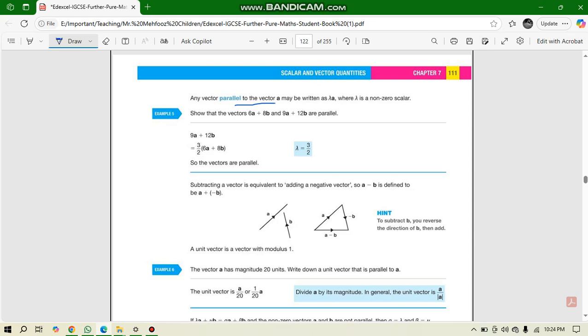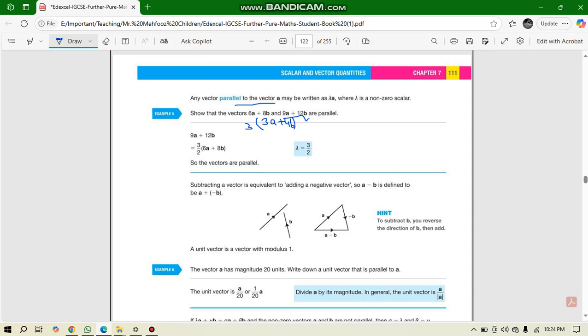So how can we prove that? We take the second vector, that is 9a plus 12b. If we write it by taking 3 as common, it will become 3 times 3a plus 4b, right?